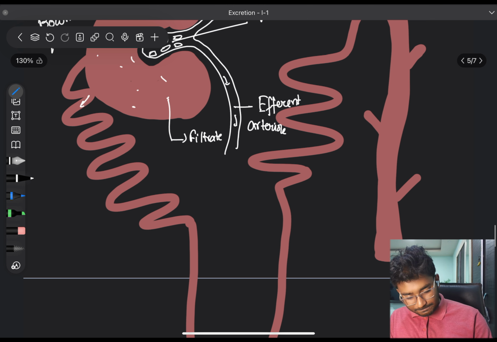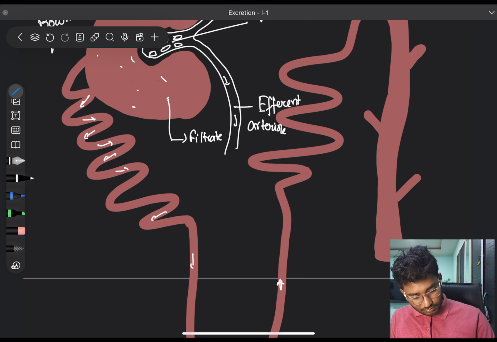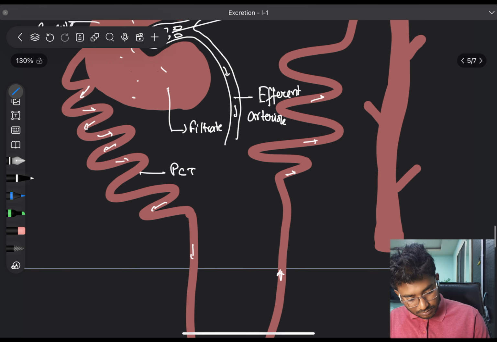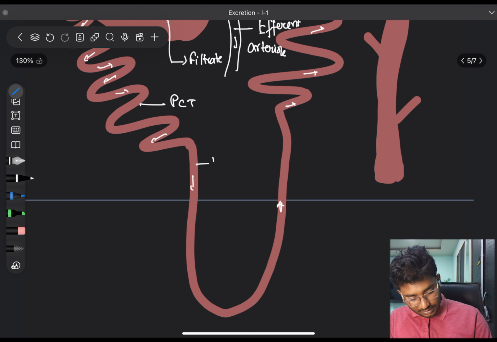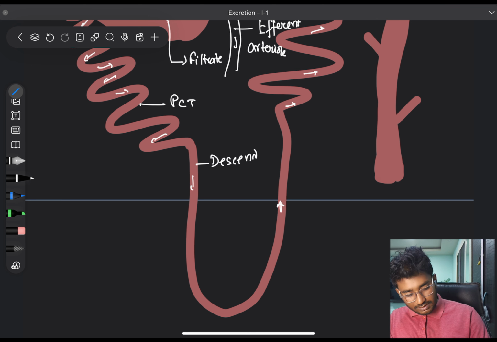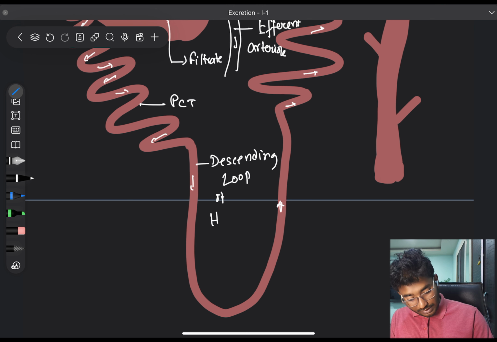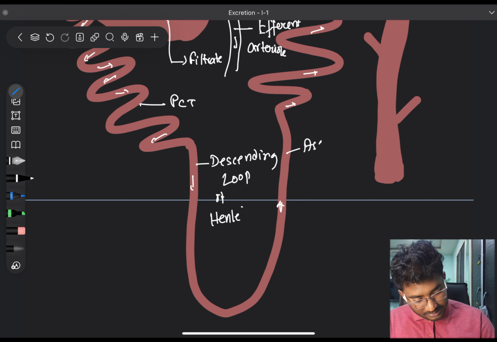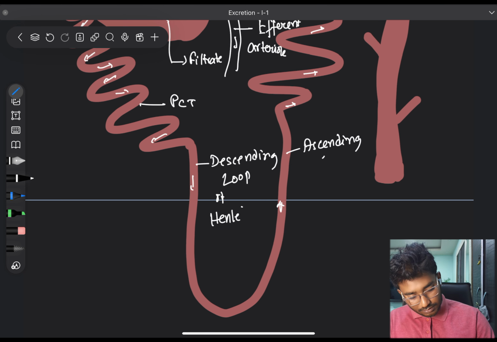This is the PCT. This is the descending loop of Henle. This is the ascending loop.